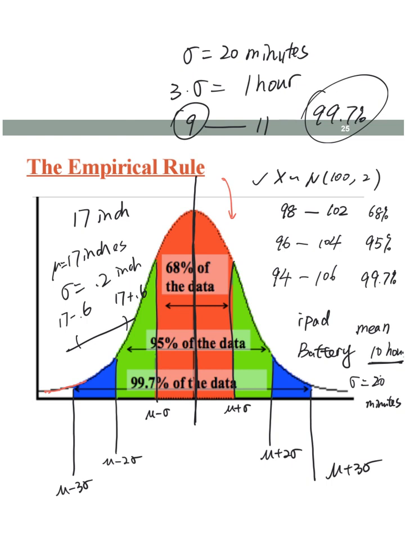I can control the dimension of the screen to be in this interval. So it's very, very rare: I claim the screen dimension for my laptop is 17 inches, and for a customer to get a laptop with a 16 inch screen is very, very rare, because of the normal distribution and the empirical rule.